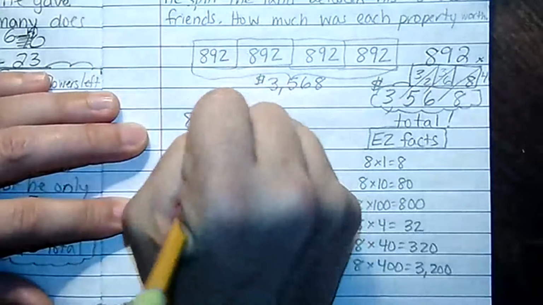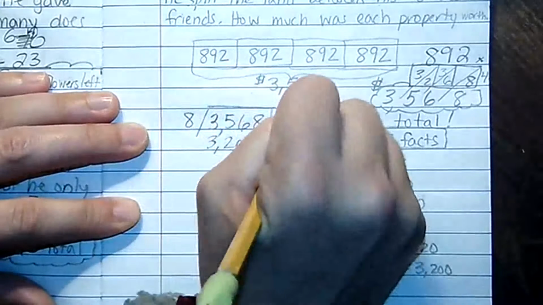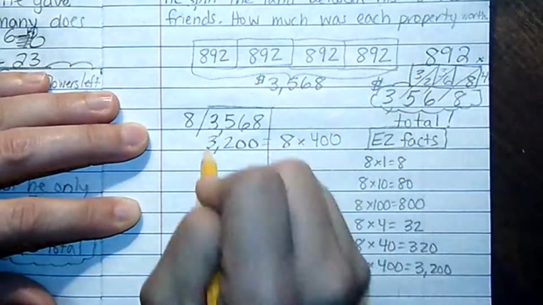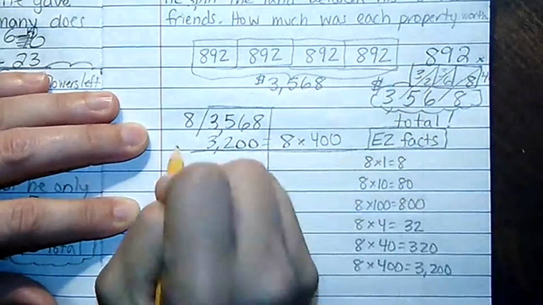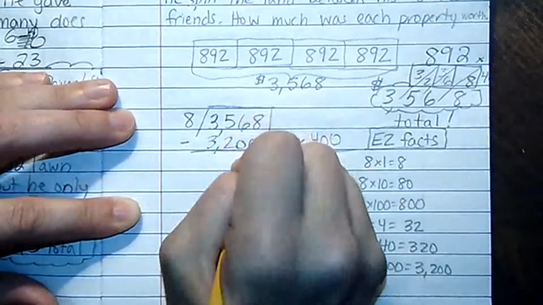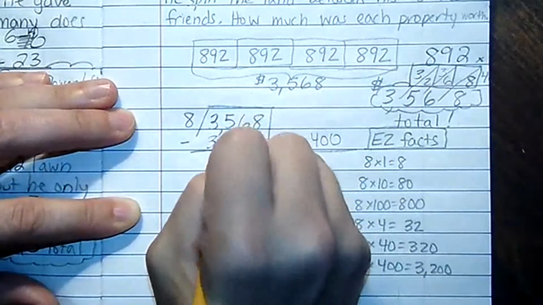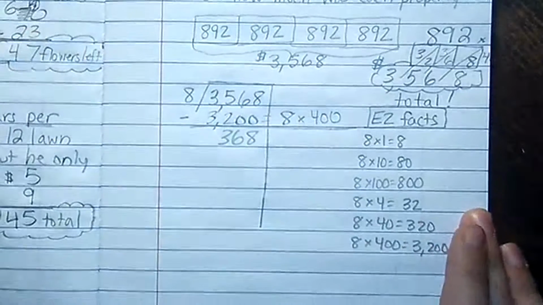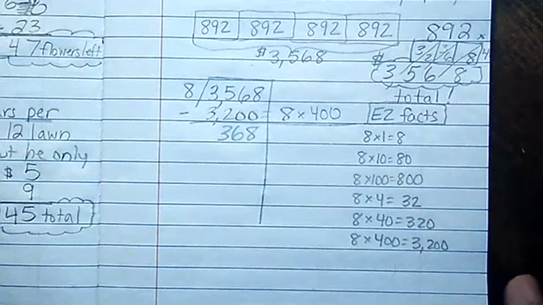All right, so I've got 3,200, and that equals 8 times 400. And I'm going to subtract. I have 368 left. I'm going to use this one next.